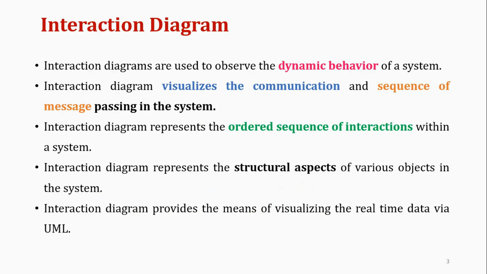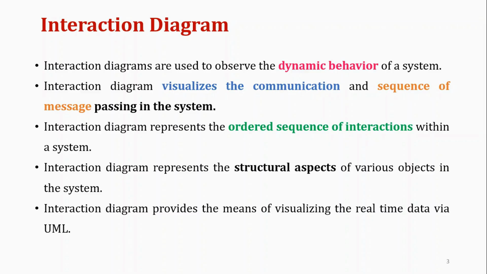Coming to the interaction diagram, interactions represent the dynamic behavior of the software system. While the class diagram shows the structure of the system, the interaction diagram shows how the objects collaborate and exchange information between them during execution.